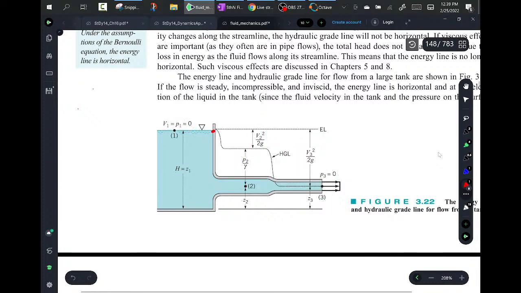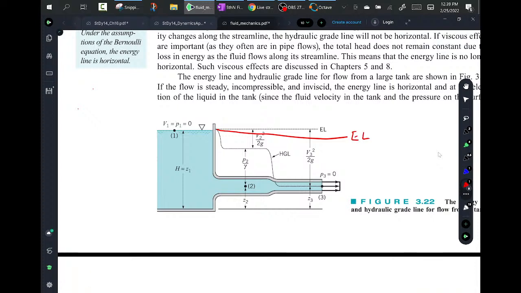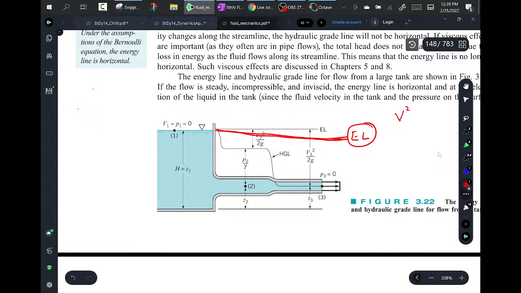So first of all, the energy line drops off. What elevation, how quick it drops off, depends on the flow and several other factors. But why is it being dropped off? We'll find out later that through a pipe, it's basically proportional to V squared.